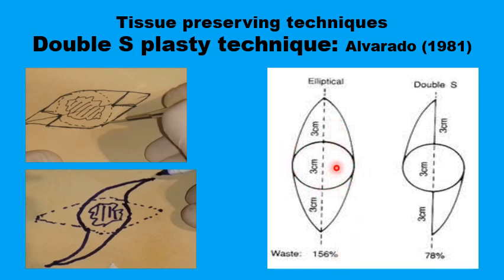This waste can be halved if you run an imaginary line bisecting the wound from one apex to the other, and you only take half on one side and half on the opposite side, preserving some more tissue on both sides.